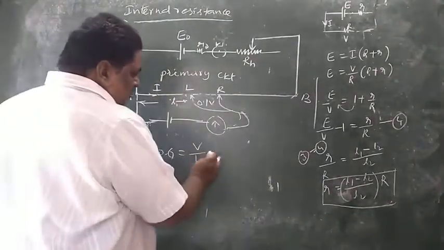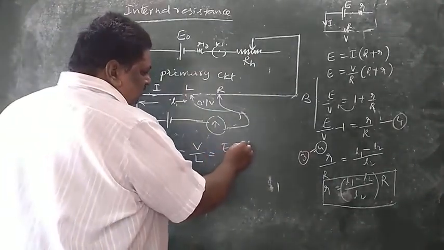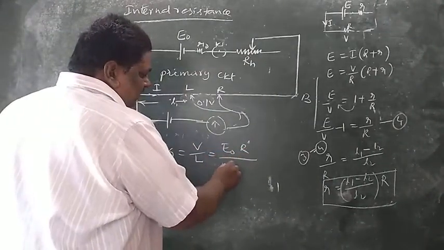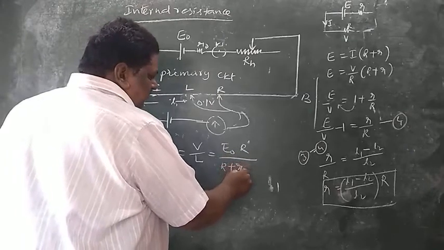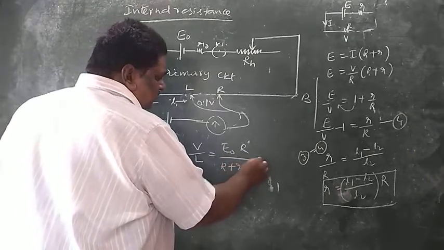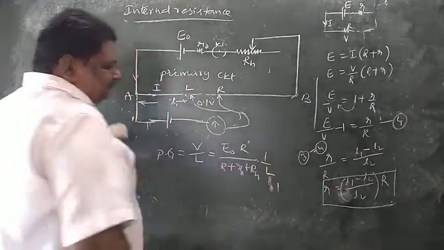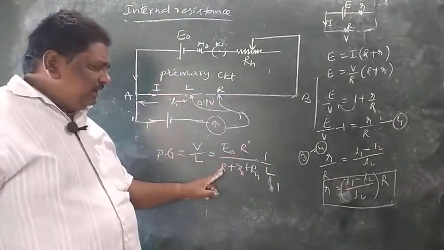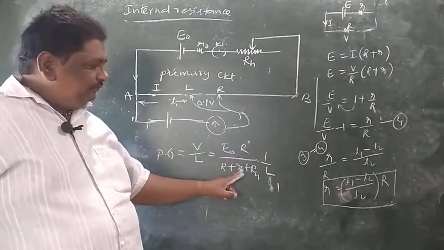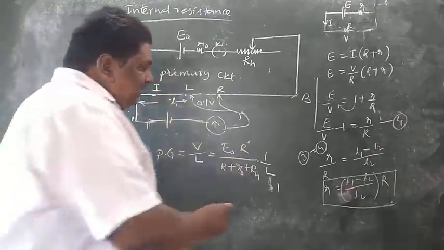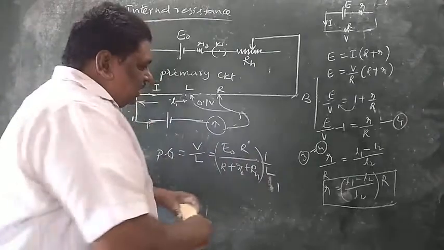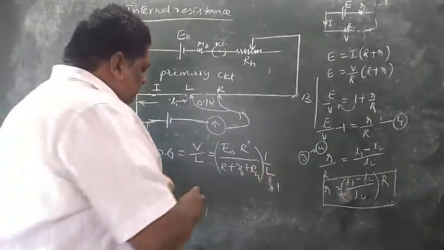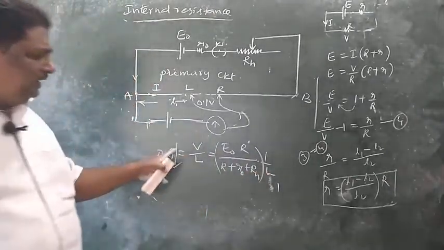Potential gradient, you know, is voltage into capital R by capital R plus small r plus RH, into 1 by L. So the R's cancel, small r is negligible. RH must be increased, or length must be increased, then the potential gradient will decrease.